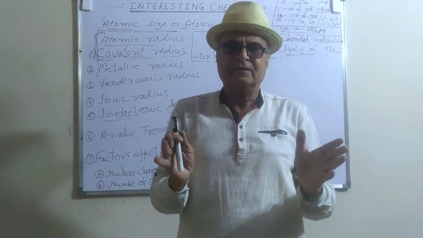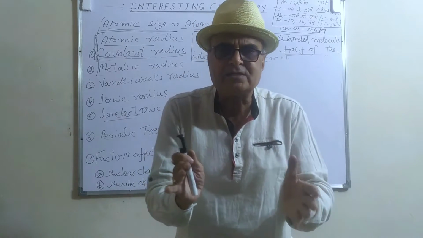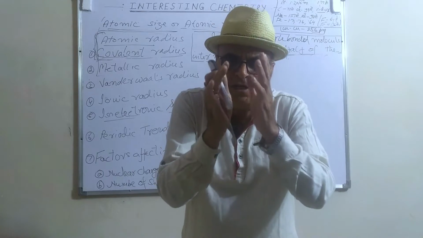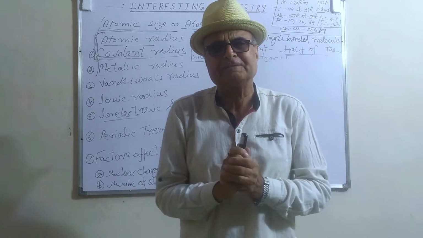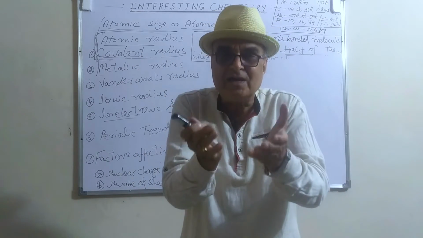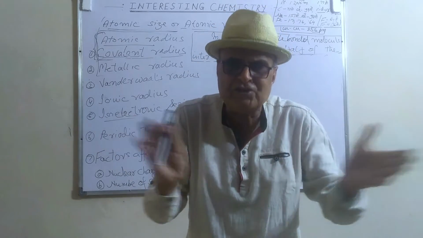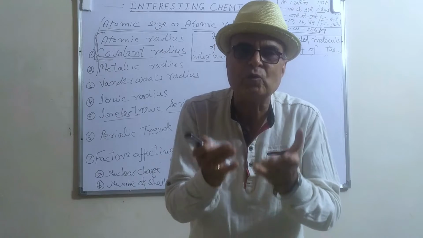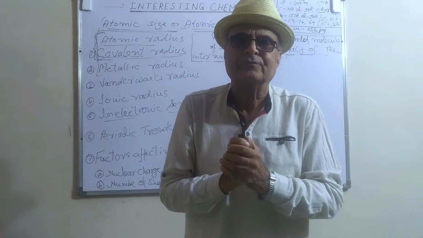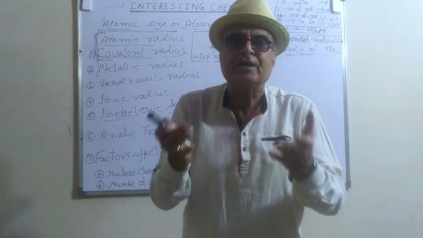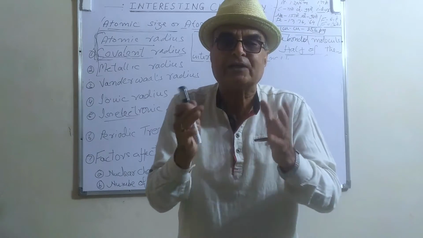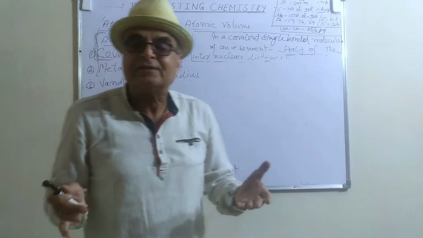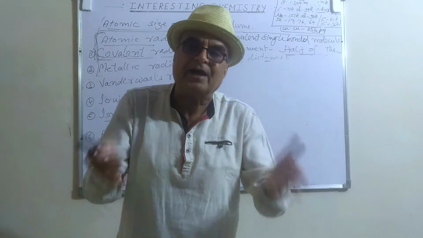The ions that have a similar number of electrons or a similar electronic configuration are called isoelectronic ions. I will tell you about this series, but I am telling you first about isoelectronic ions.